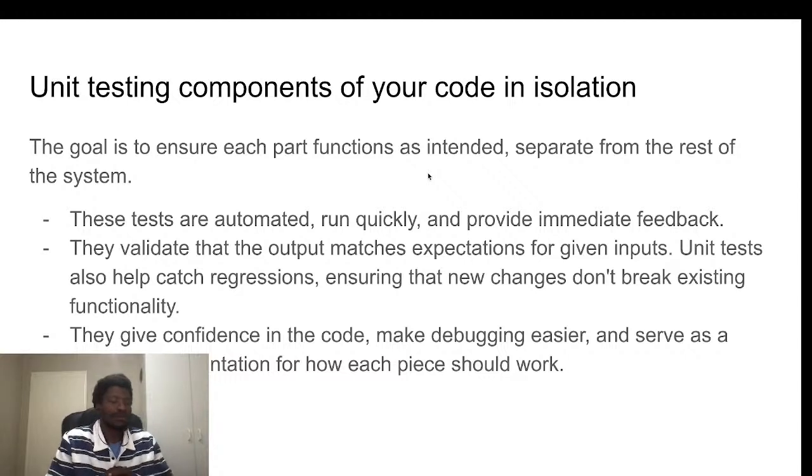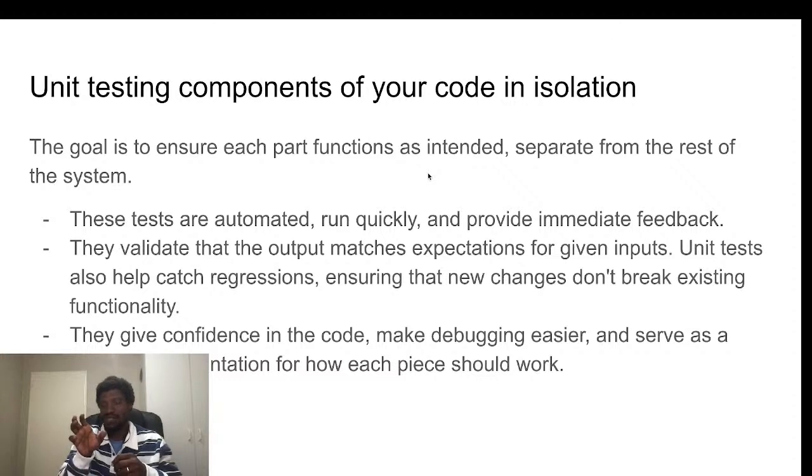So this is sort of a recap, because I want this to be sort of a primer video where you come away understanding what unit testing is, what you can go Google, what you can go find out, and then how you can go through this. So as we've explained, the goal of unit testing is to ensure that each part of your function, each part of your system functions as intended.